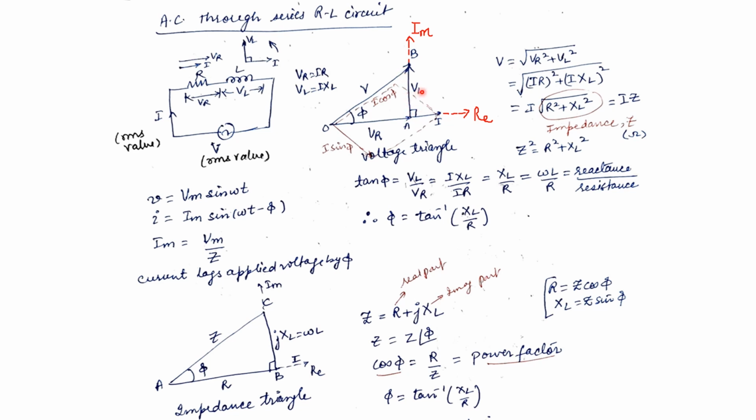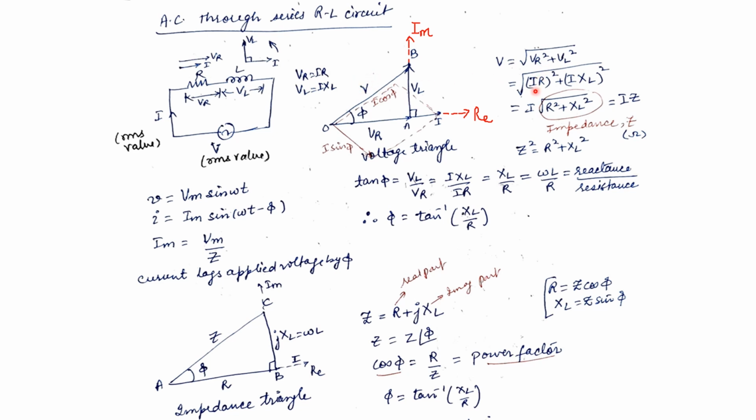The resultant of these two voltages, VR and VL, is denoted as capital V, the supply voltage. From this vector diagram, the resultant voltage V is the vector sum of the voltage VR and voltage VL. This will be the magnitude of the resultant voltage V.